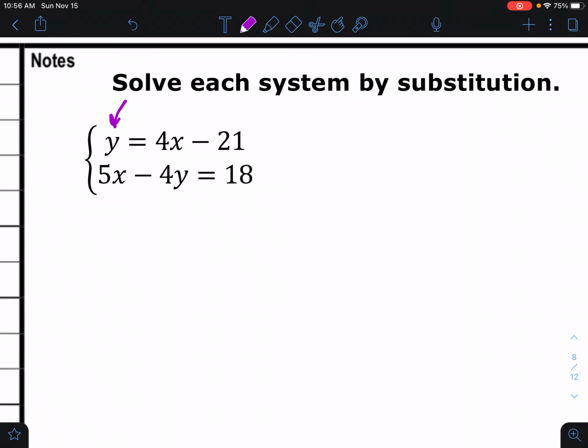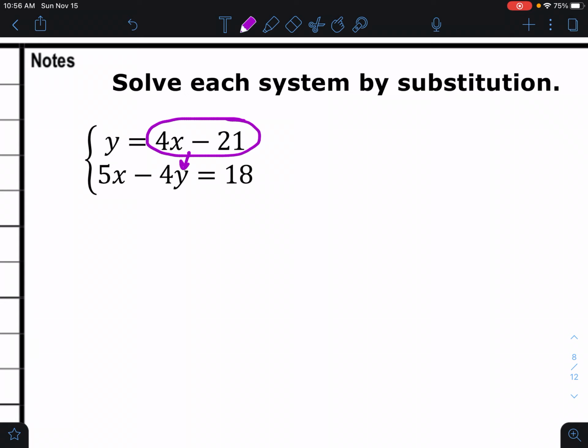So now that means I can substitute in this value for y. In other words, this would go in here for y. And why is that okay to do? Well, because y is equal to that. So I can replace this y value with what it equals. So now, let's do that.